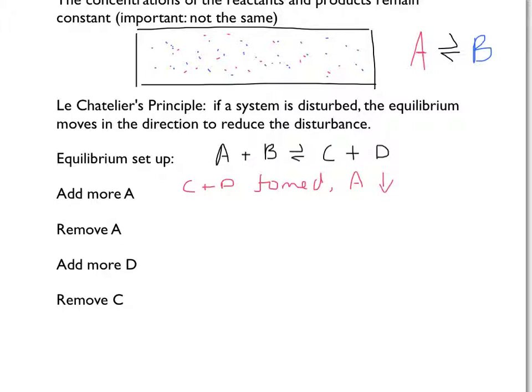If we remove A, so a new example number 2, remove A, then the equilibrium will try to reduce the disturbance by shifting to the left hand side. If it shifts to the left hand side, then more A will be formed, and so C and D will be used up.